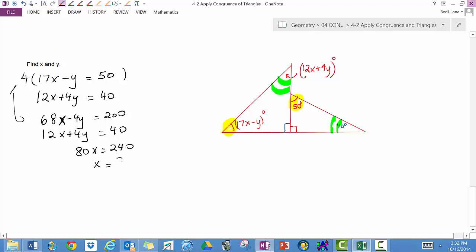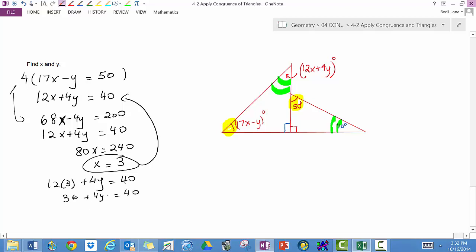So x is equal to 3. So I can go ahead and put x back in this equation, and I get 12 times 3 plus 4y is equal to 40. So I get 36 plus 4y equals 40. And if I subtract 36 from both sides, I get 4y is equal to 4, and y is equal to 1. And you can go ahead and substitute that back in and check your answers.